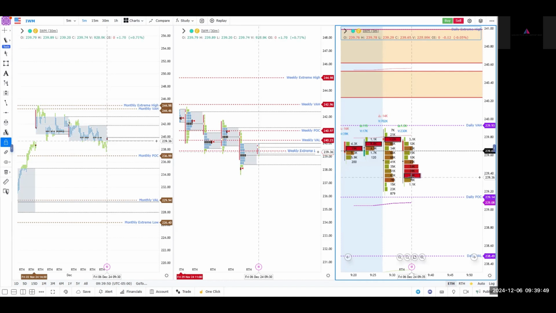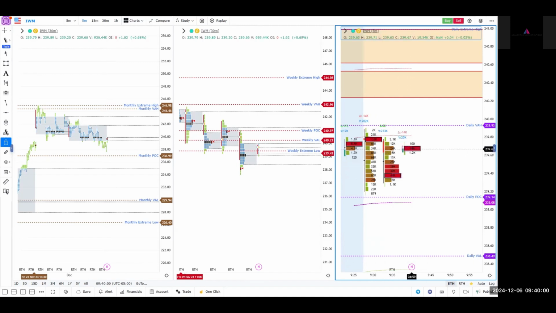So it's definitely been one weird week. Still in the play, still sideways movement. It's been sideways movement yesterday for sure, and on Tuesday. No definitive direction.